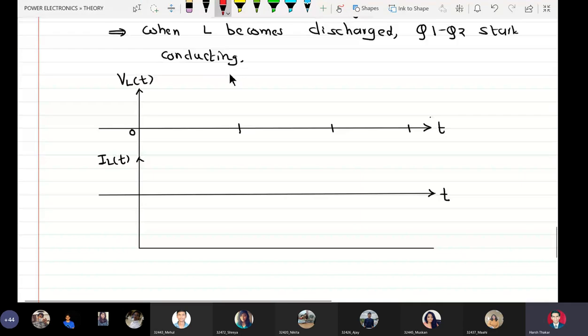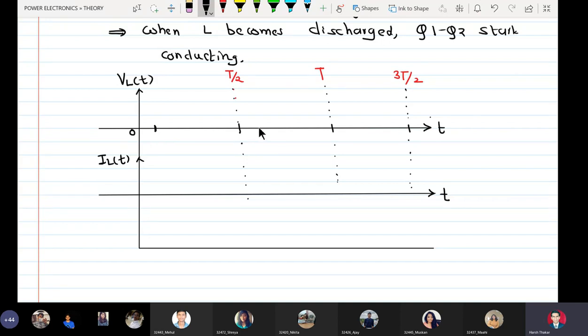Let us project terminals here. So we have to mark two important instants here. One is T1 and another is T2.